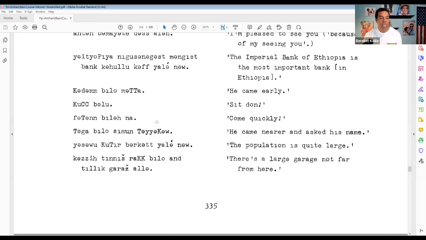Batan, Balana, come quickly. Tagabalo Sumun Tayako. Yaso Kutar Barkat Yala, no? The earlier one was he came near and asked his name, and then this last one, the population is quite large. Kazitanish rak below until the garage Allah. There's a large garage not far from here.